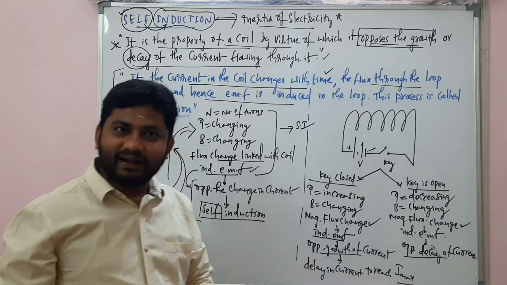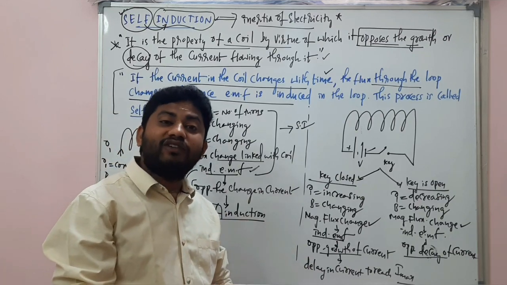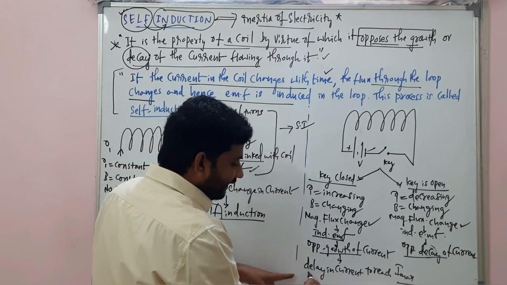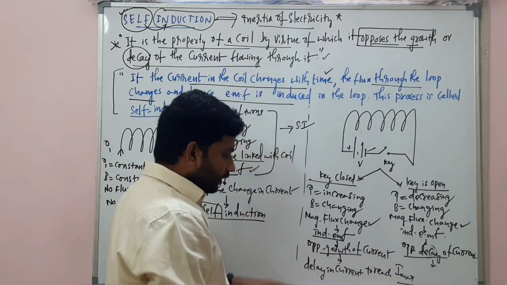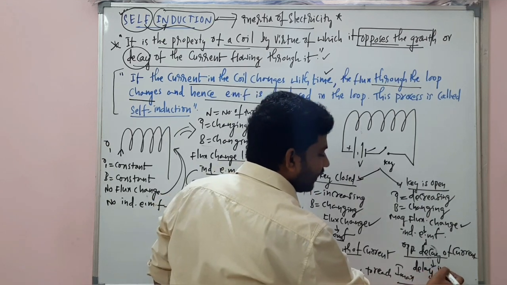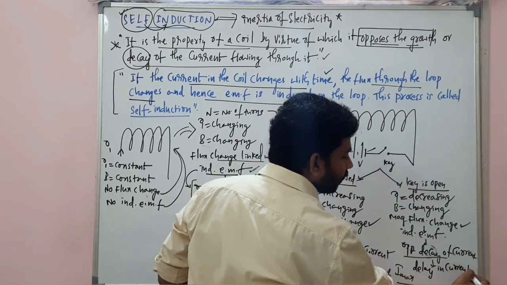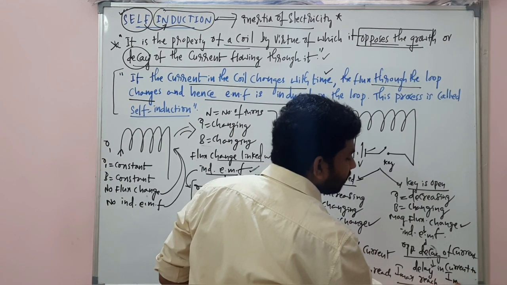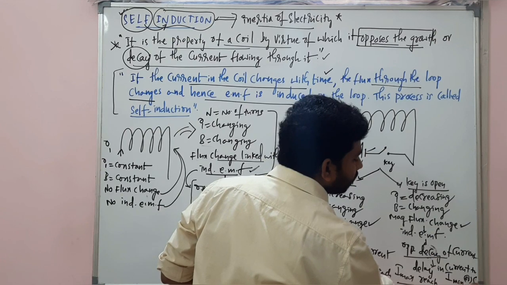The current is decreasing, right? This induced EMF is opposing decay of the current here. So finally what happens? Here also a delay takes place in the current reaching I minimum or 0.